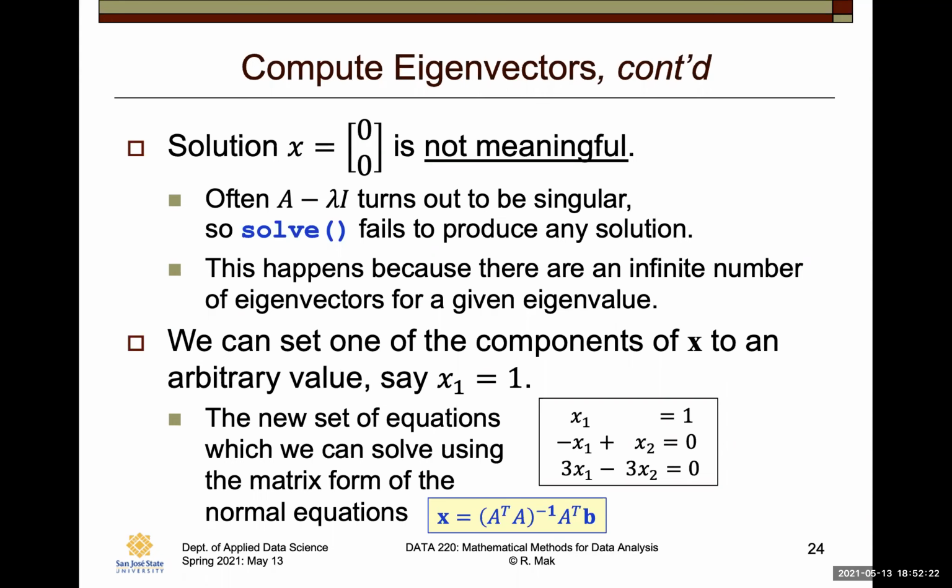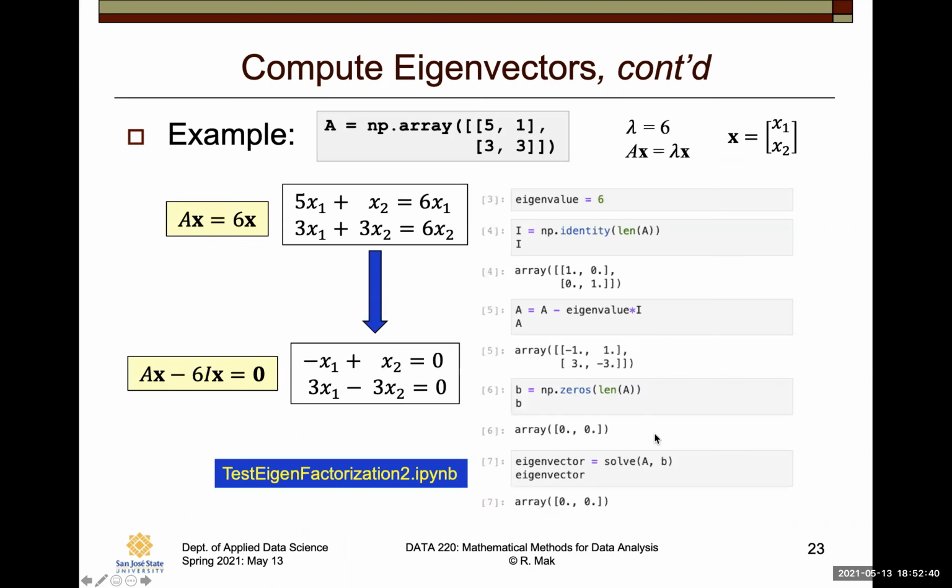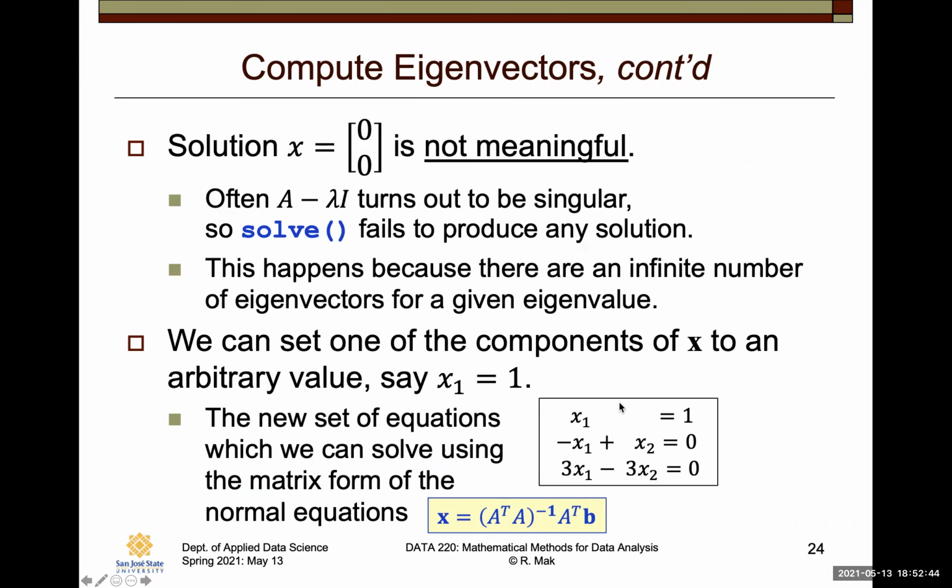One way to do it is to force one of the components of X to be some value. X has 2 components, so we'll make one of them a 1. And so now our equations look like this.